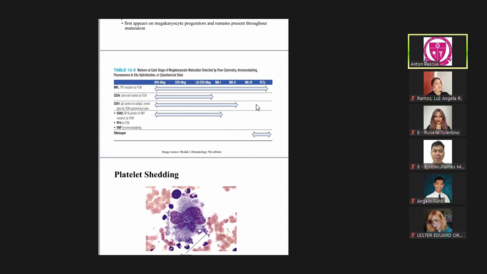So you need to make sure na you know that this stage contains this marker. For example, sa CD34, as what we have said, pag nag-mature, nawawala. Let's say, you keep on testing CD34, pero ang specimen mo pala is megakaryocyte. Kahit anong tumbling mo dyan, sa megakaryocyte na yan, wala kang makikitang CD34.